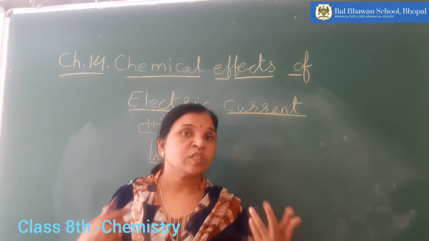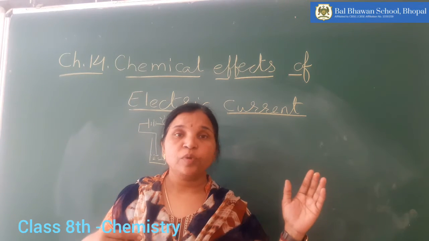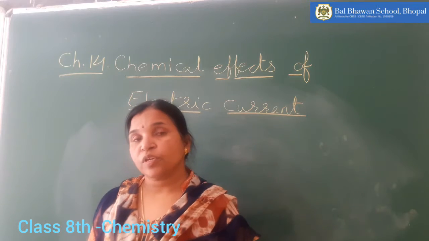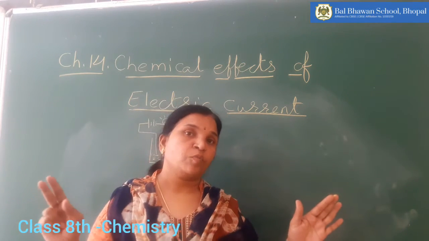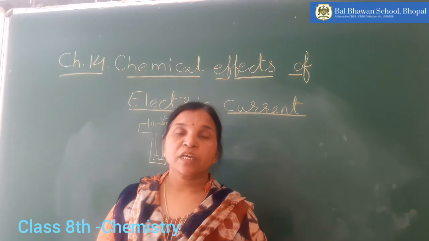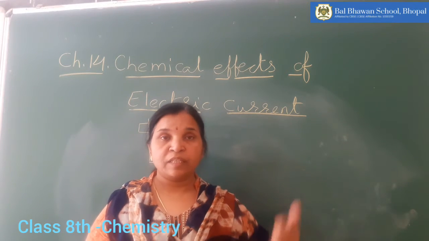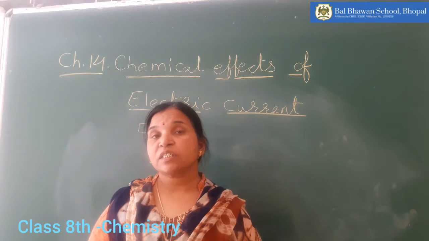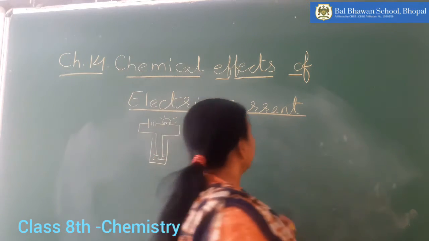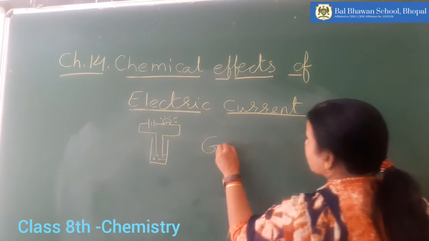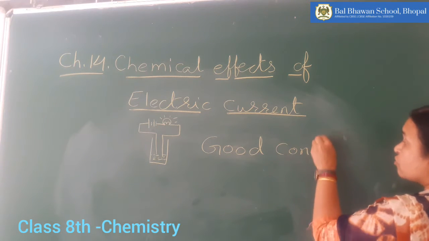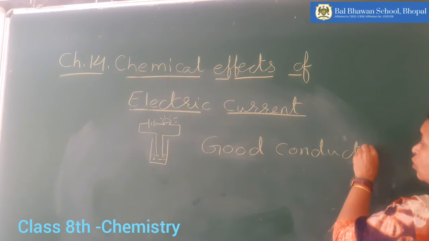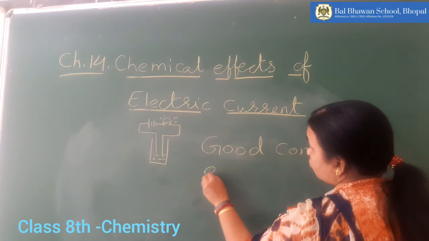The material which allows the current to pass through it is considered a good conductor of electricity, and the one which does not allow the current to pass through it is called an insulator. But in this chapter we will be discussing good conductors as well as poor conductors of electricity.